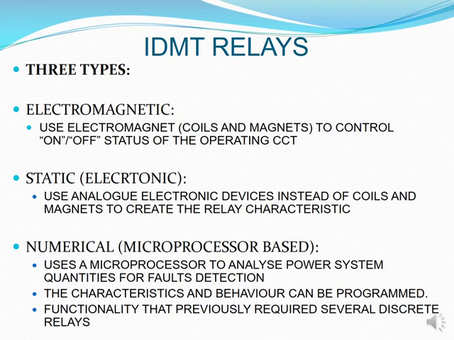Then we had your static, or what we call the electronic relays, coming in second. And really, these relays use an analog system, so that they can pick up the readings that are happening out there and create the relay characteristics, saying that this needs to open or this needs to close. Then you had your numerical, which we also call your microprocessor-based relays.